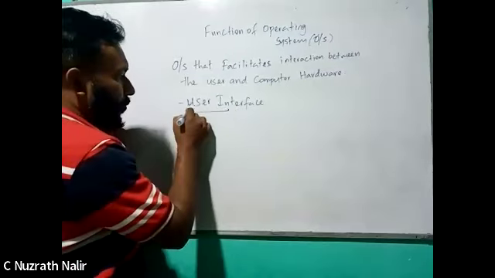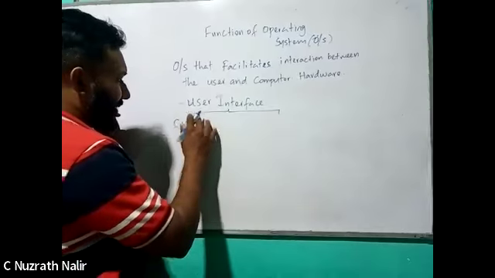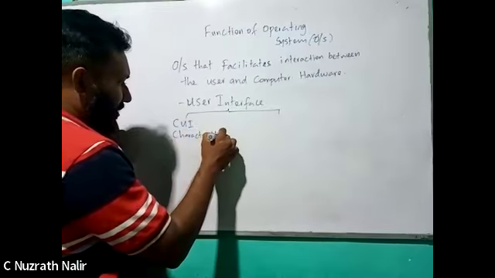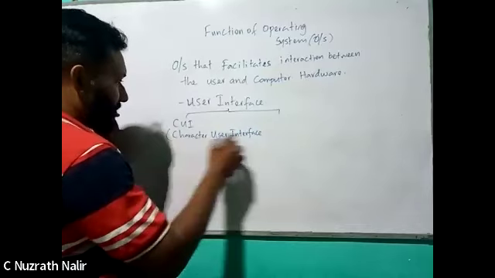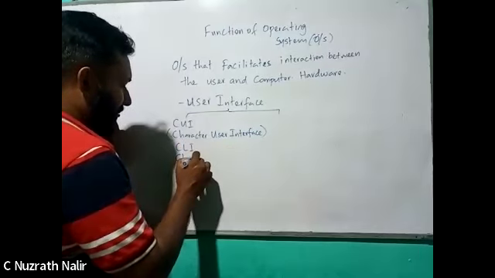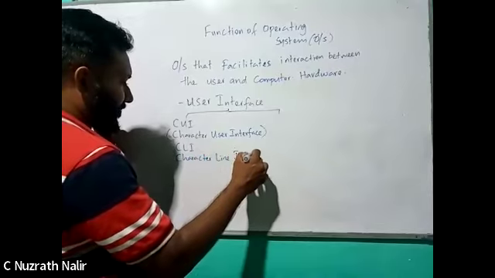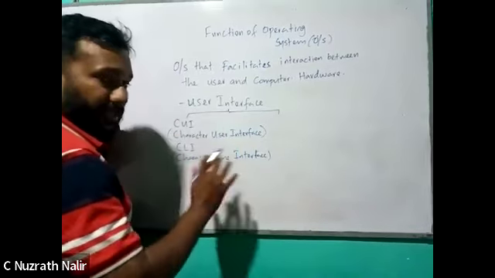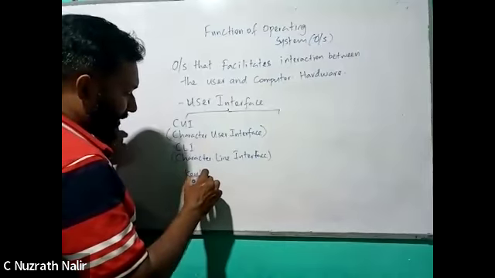So for the user interface, there are two types. Number one, CUI or CLI, character user interface, or CLI, command line interface. Because here I don't need a mouse or anything else. Keyboard is the primary input device.